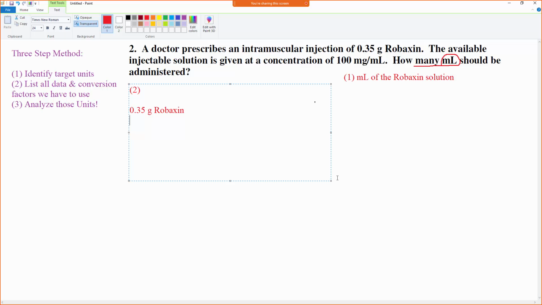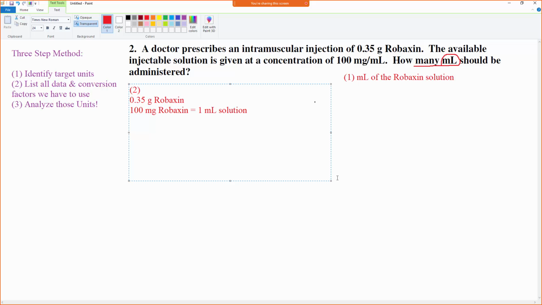What else have we got? 100 milligrams per milliliter is the available concentration. And I'm going to write it like this. What that means is that 100 milligrams of Roboxin is equal to 1 milliliter of that solution.